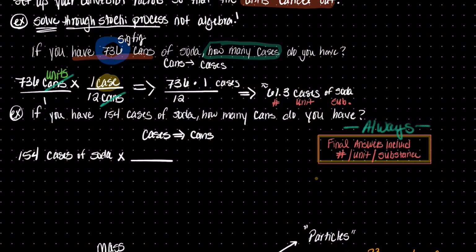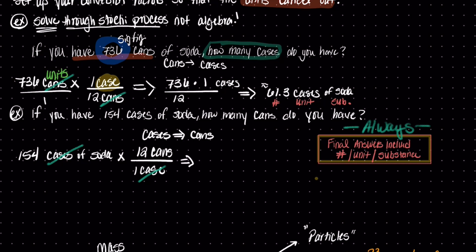I want cases to go away, so case is going to have to go on the bottom. And in 1 case of soda, I have 12 cans of soda. If they're on the top and bottom, they cancel, so cases of soda go away. All right, so I'm in cans of soda.